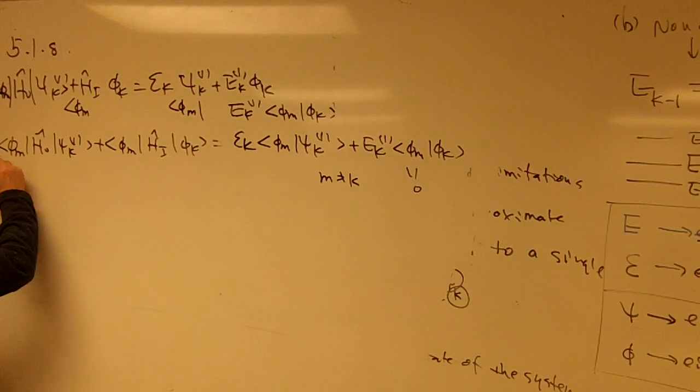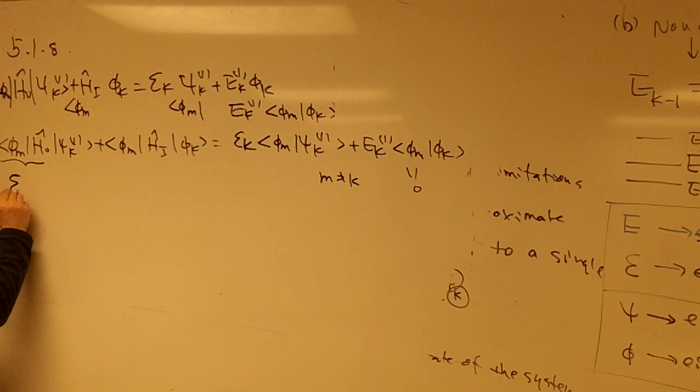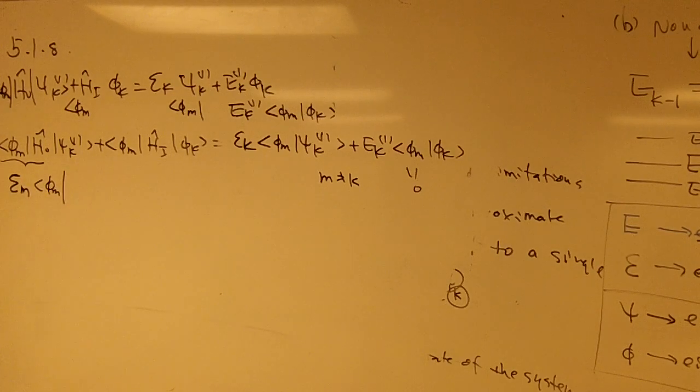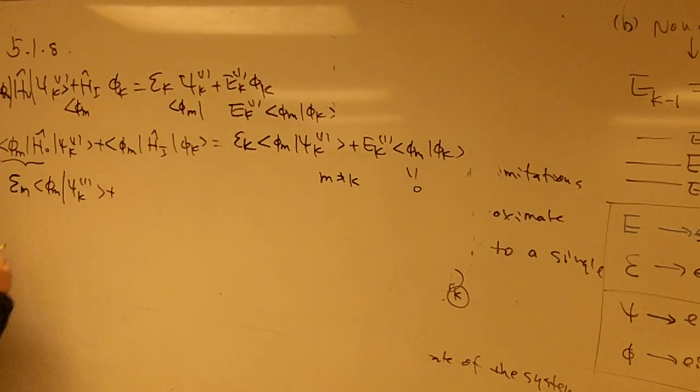Now here, this part, this is h naught applied to the left. This gives me lowercase epsilon m, and this will be m like this. In other words, the bra phi sub m and h naught applied on this will equal epsilon m and a bra. So that's that. And then we have a k equal to this term.